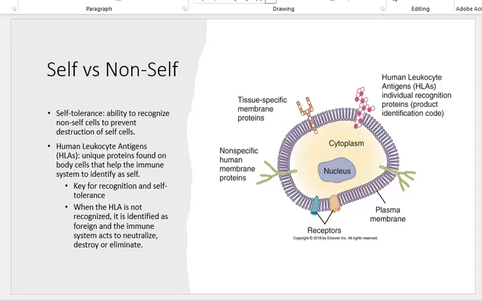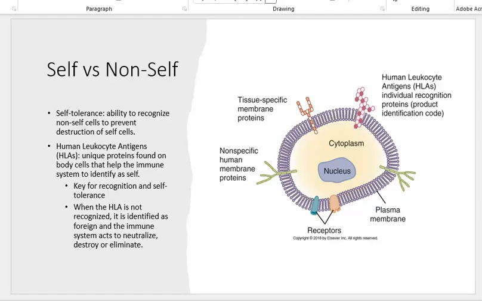It's present on the surface of most body cells, not just leukocytes. It's also called the human histocompatibility antigen and class 1 antigen. It determines tissue type, which is coded by specific genes inherited from both parents, and it's key to determine self-tolerance.